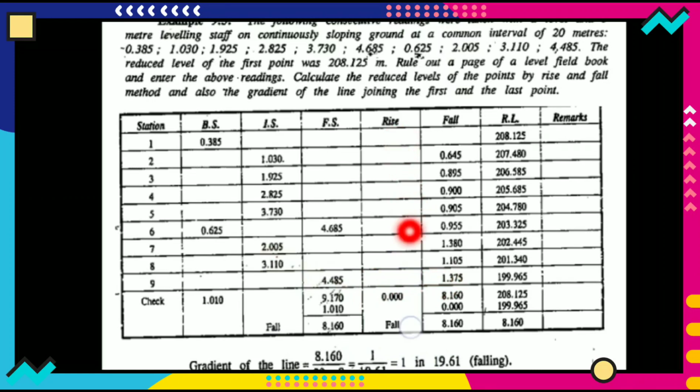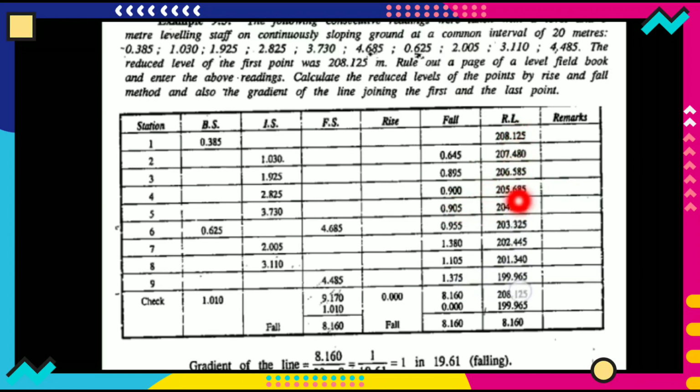So summation of rise will be 0, and we add all these fall readings, the answer will be 8.160. Okay. Then because all readings are in the fall column, this minus this is equal to this, and so on.